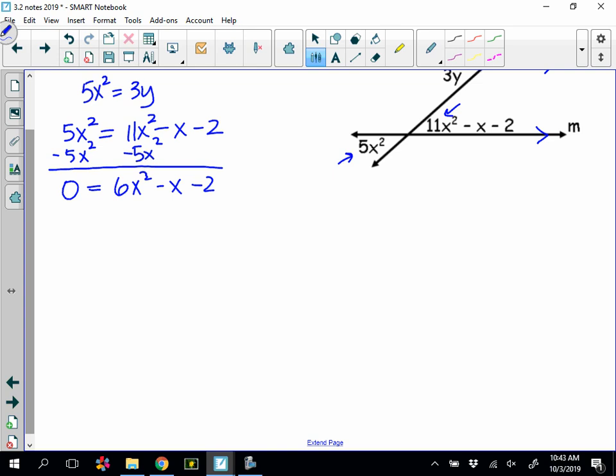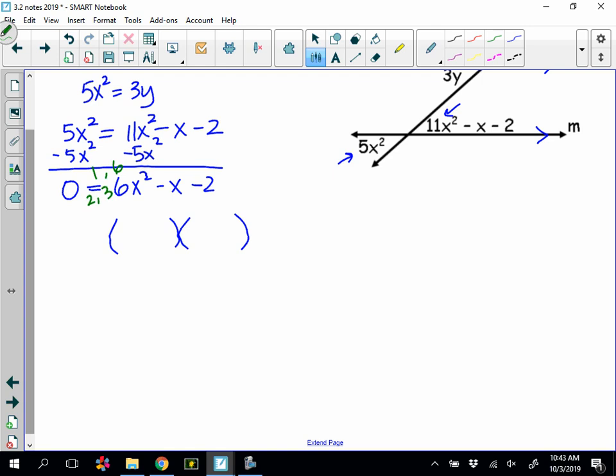When I factor, the a value is bigger than 1. So when I guess and check, I need to account for the fact that the factors of 6 could be 1 and 6, or they could also be 2 times 3.